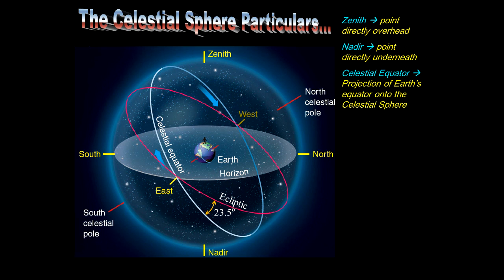Then we have the celestial equator. That's a very important aspect of the celestial sphere. The equator of Earth just extended out, and it intersects this arbitrarily large celestial sphere.